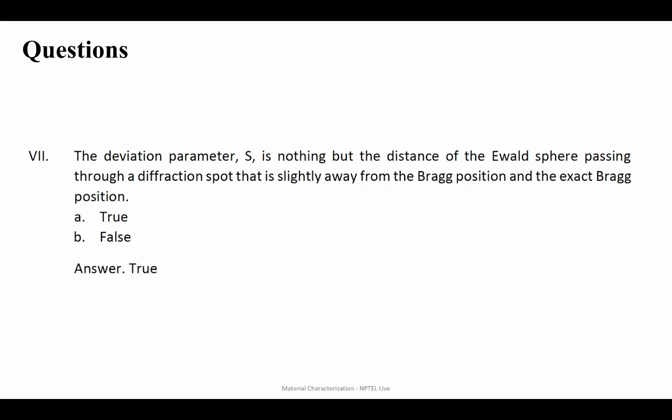So this is true. At the Bragg position, the vector is g, and at a distance away from the Bragg position, the vector is g plus sg, and this distance between g and g dash is your deviation parameter S.